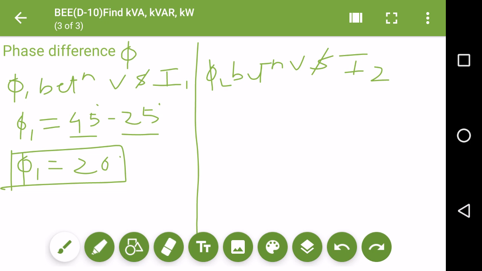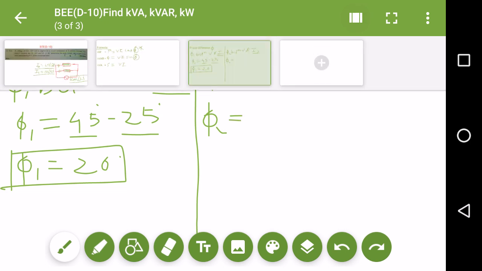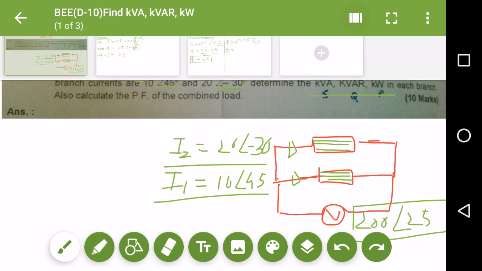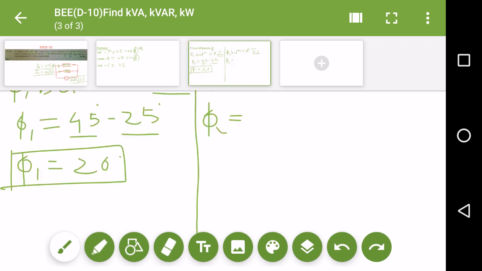I found the phase angle between V and I1, and now I am finding it between V and I2. Similarly, to find phi2, we will subtract. You can check in the question which is the higher value between minus 30 and 25. That is 25. Minus 30 is the lesser value, so we will subtract 25.